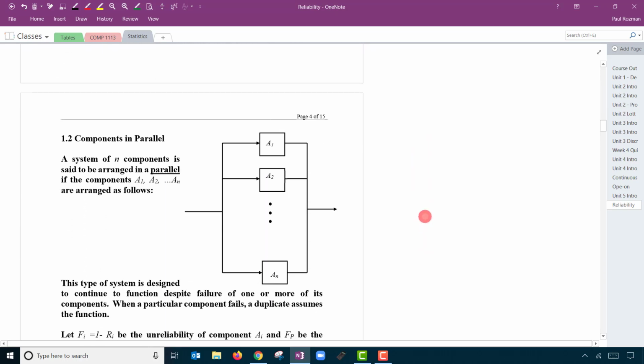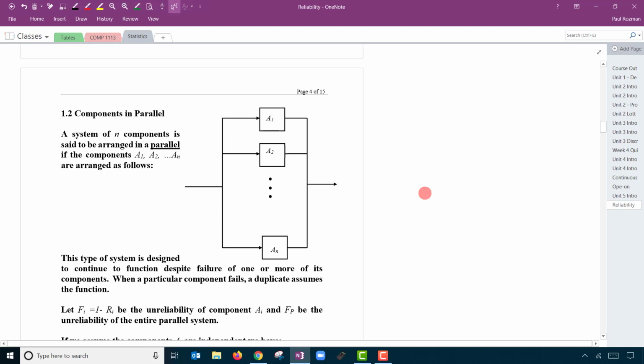Sometimes we have components that are in parallel. Now, when we have a parallel system, we have alternatives. So if part of it fails, the rest of it takes over. And we have to make some assumptions that if part of it fails, it doesn't change the reliability of any of the other parts.